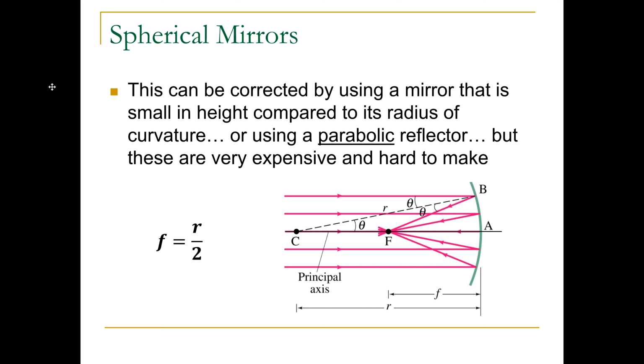So a lot of times that just isn't done. And so as long as you're only using the region of the mirror near that principal axis, it will be okay. One last thing, you should note that the focal length is exactly half of the radius for our spherical mirrors.